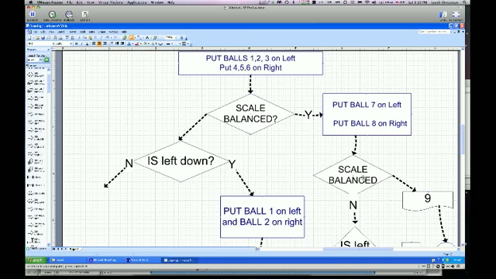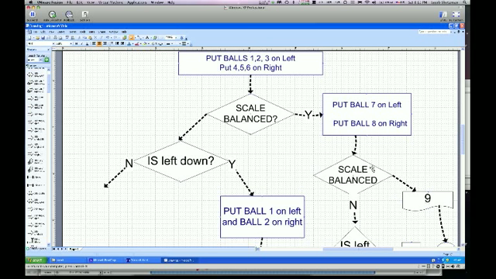If the scale is balanced, that means 7 weighs the same as 8, because we put 7 on one bucket and 8 in the other bucket. So if they are equal, that means the only one that's left is 9, and therefore we print number 9.